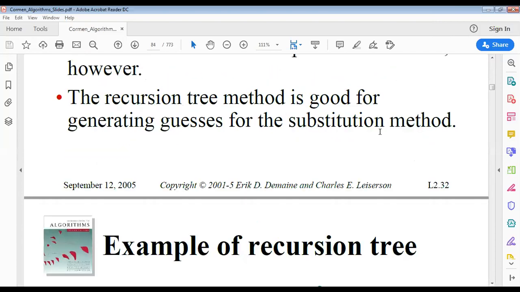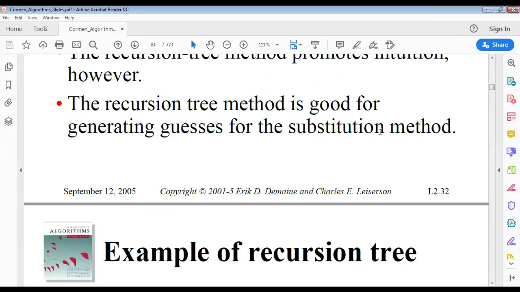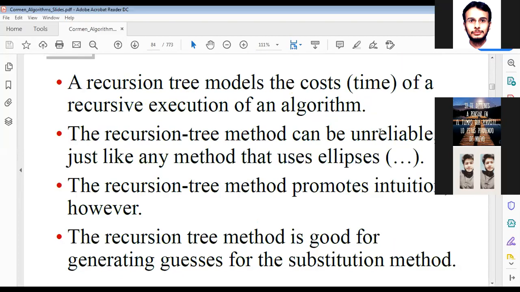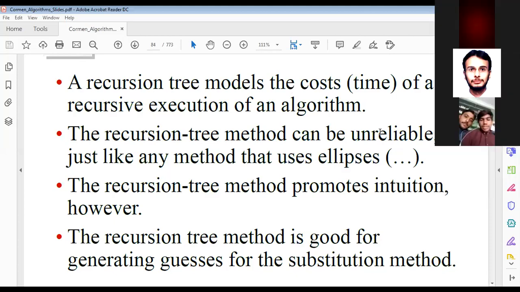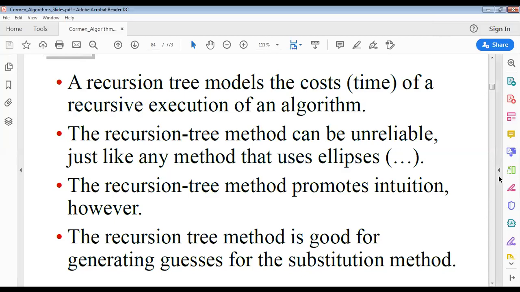So how can the recursion tree be used? First, we will start with a simple example, then we will use more complicated examples. So let's start with a simple example.